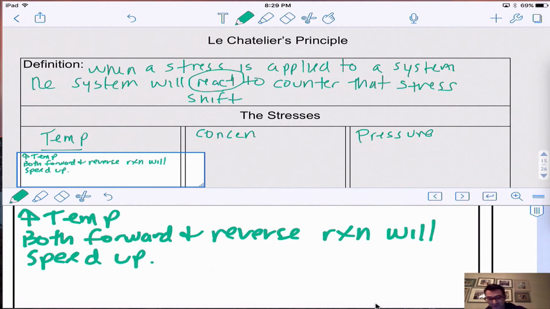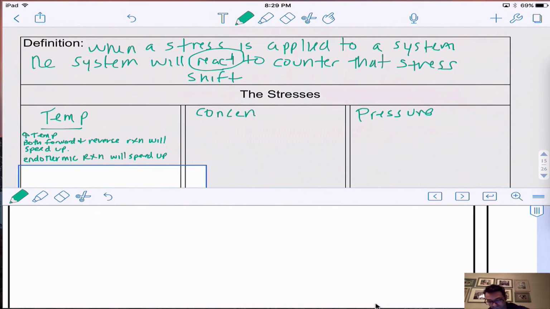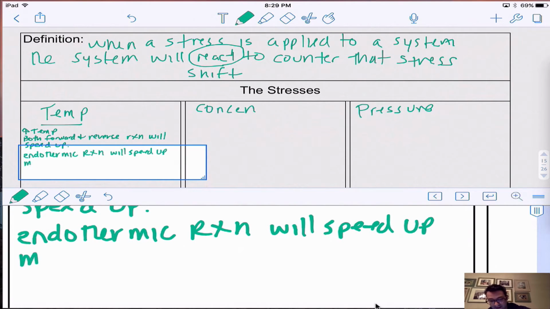But the thing with increasing temperature is that the endothermic reaction, the reaction that uses an increase in heat, will speed up more. And so we're basically favoring the endothermic reaction.